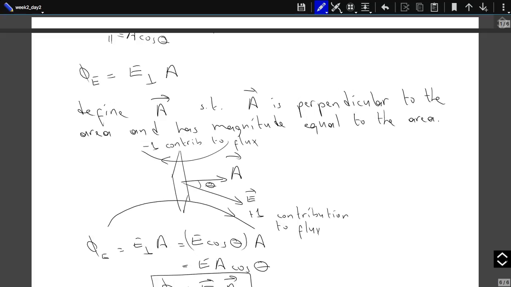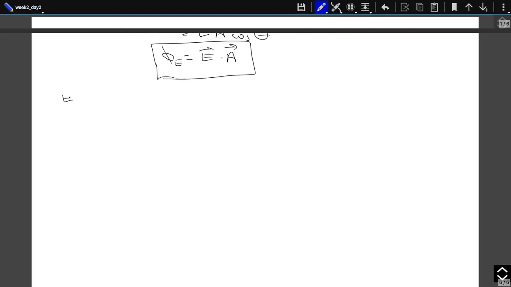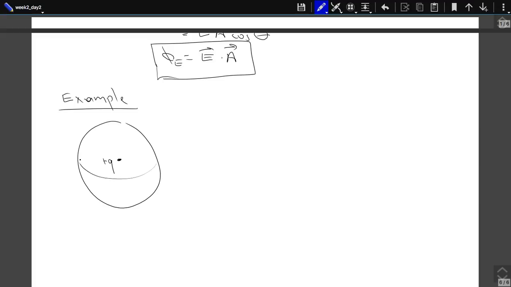Let's do an example. Let's consider a point charge and consider a sphere around it with the point charge at the center. We already know the electric field.